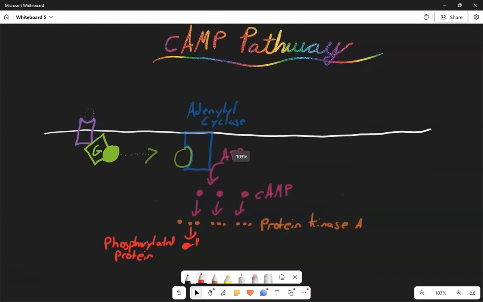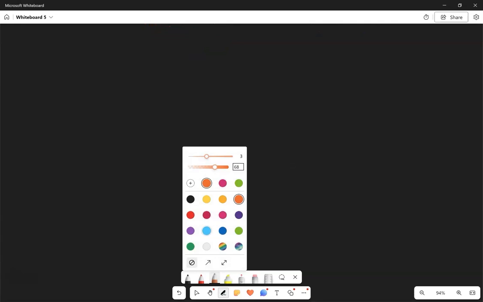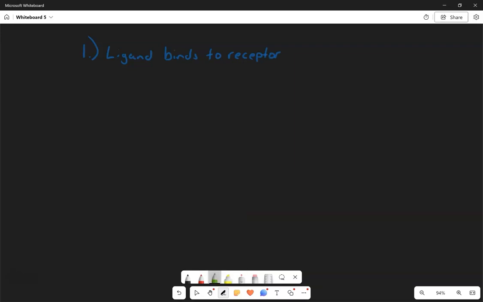All right, so let's take a minute and write out the steps of this cyclic AMP pathway. Okay, so the first thing that's going to happen is that a ligand is going to bind to a receptor. Our ligand binds to our receptor.